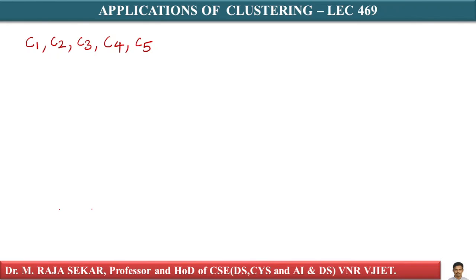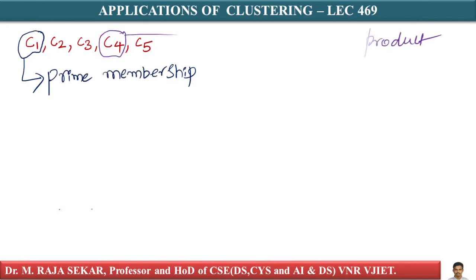It might so happen that for the group of customers C1, we want to offer a deal, for example, in Amazon, something called Prime membership, which provides a lot of features like same day delivery, deals for Prime customers, and Prime Video. So by grouping customers into one group, you might want to offer a special deal.